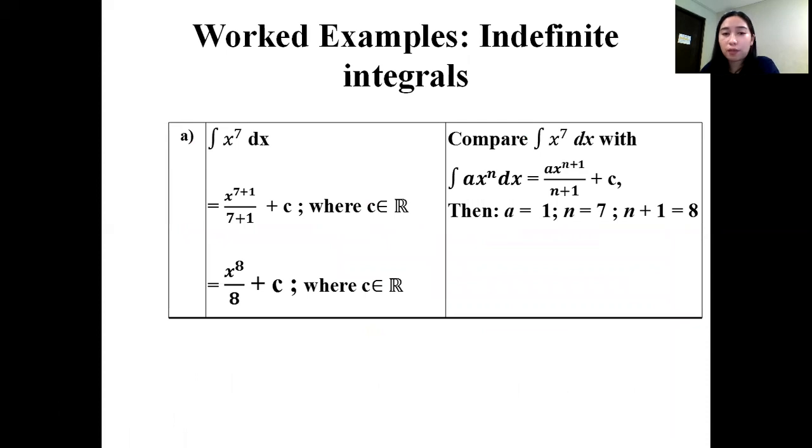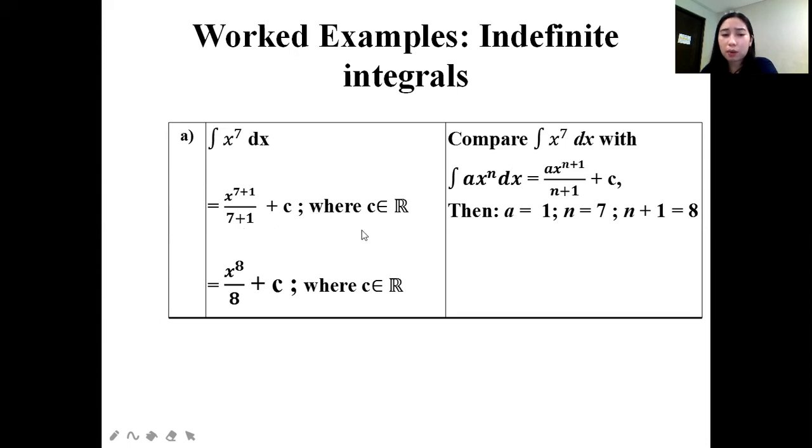Examples for indefinite integrals. So, if we are asked to find the integral of x to the 7th power dx, so balikan nato ang general formula na kx to the n plus 1 over n plus 1. So the n here is 7, so x to the 7 plus 1 over 7 plus 1 plus c.